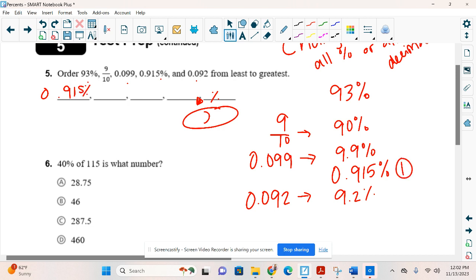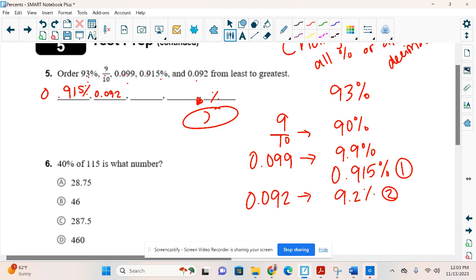That's the first one. What's going to be your second one? The 9.2%. So the 0.092. This one right here, right? Which way do we put it in? You got to put it back in the form that they give them to you.